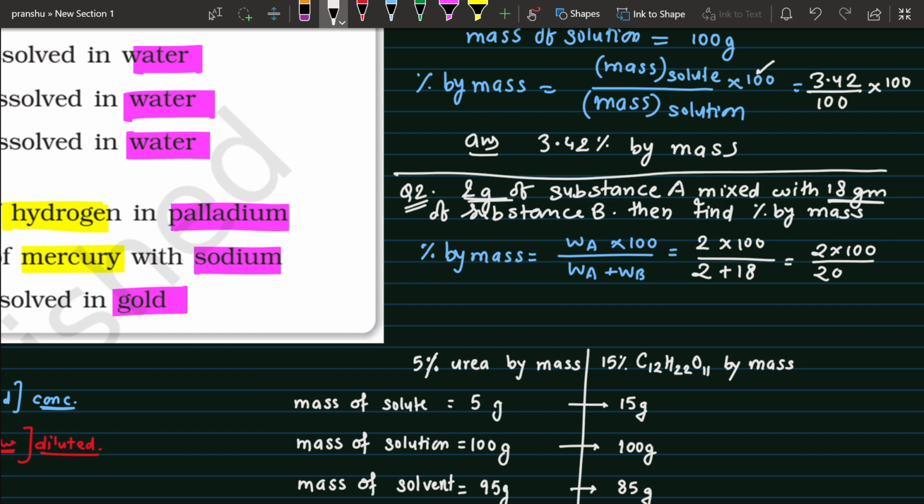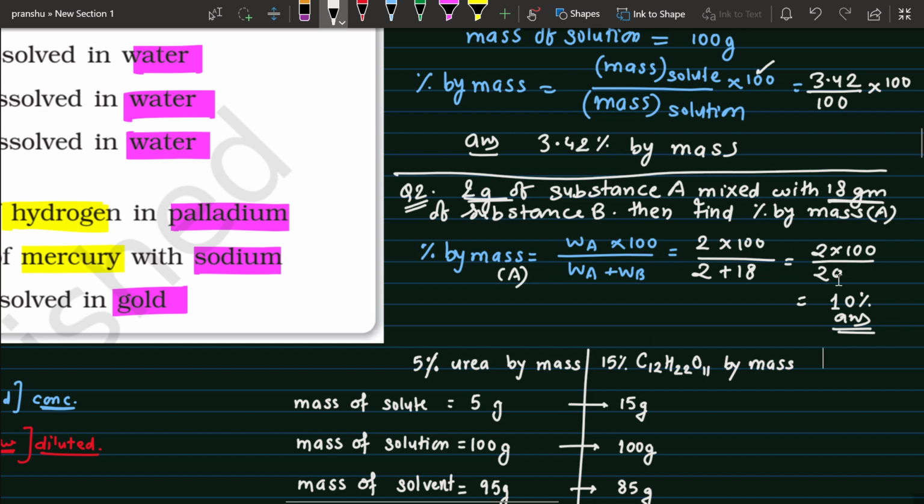We have to find the percentage mass of component A. In that case, it becomes 10%.